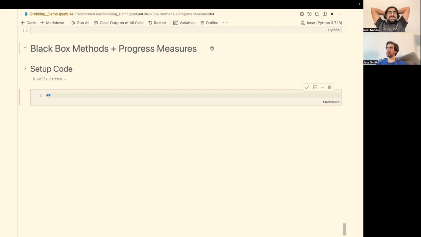And the idea of a progress measure is what if we can find some metric for the model's ability to do something weird or unexpected that can track and precede the model's progress there, so we're caught less by surprise. I want to try to use our understanding of what the model's actually doing in order to try to build some mechanistic interpretability inspired progress measures. So let's try to jump into doing that.